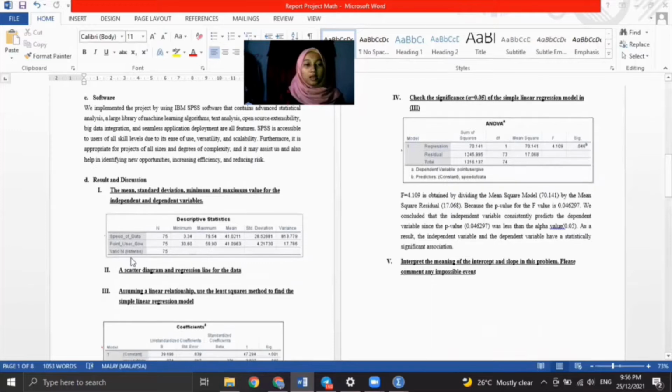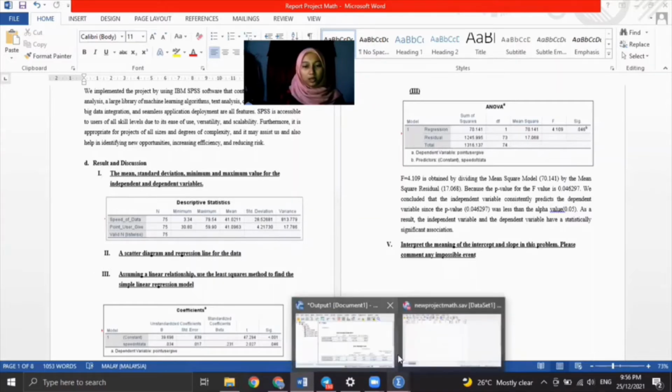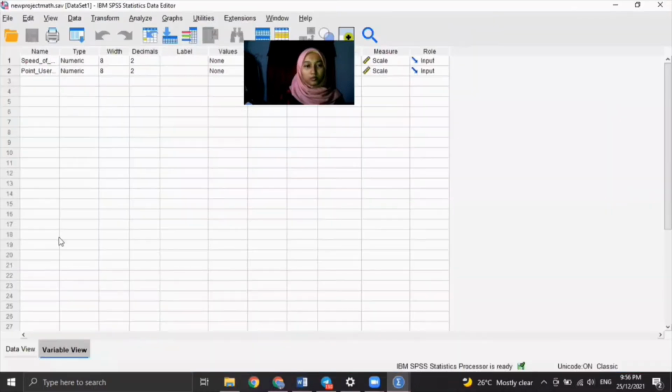And for my part, in the result and discussion, it is the mean, standard deviation, minimum, and maximum value for the independent and dependent variables. So I have to find all of them by using SPSS. I'm going to show you.